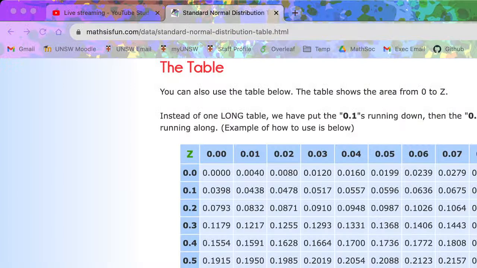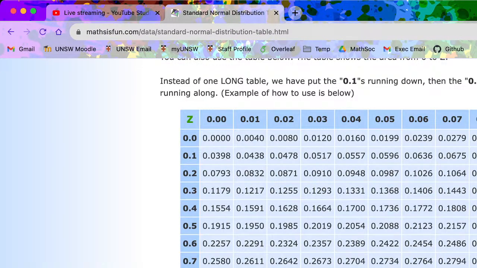Okay, cool. I've got the Maths is Fun table, so you've got 0.9 and 0.06. That's just a way to display 0.96. They do it to make it look easier.